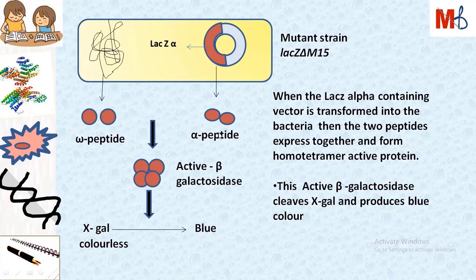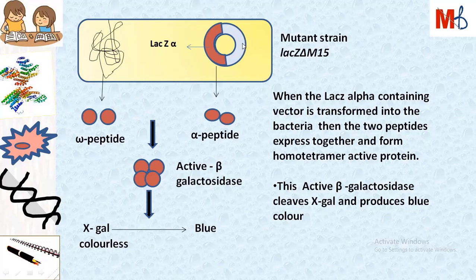Now together this alpha peptide and omega peptide, when they express together, form the active form of beta-galactosidase, which can now hydrolyze X-gal, which is colorless, into blue color product. In the second case, suppose we insert our gene of interest but not in this N-terminal sequence; we are inserting our gene of interest somewhere outside of this lacZ alpha.